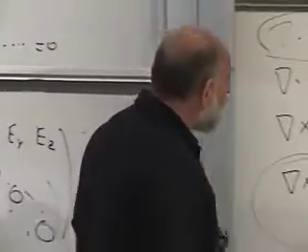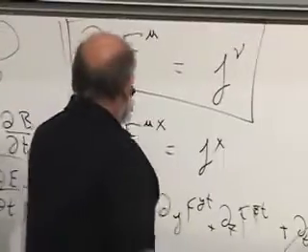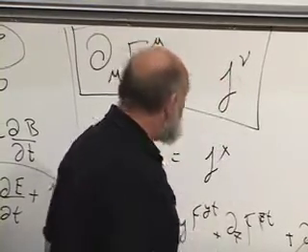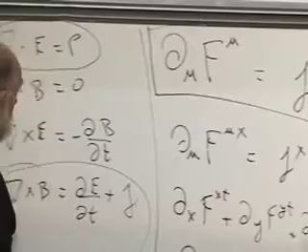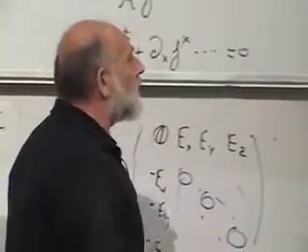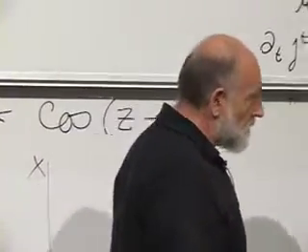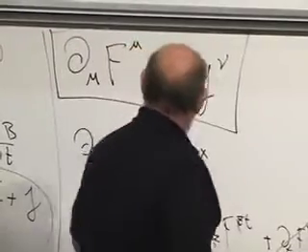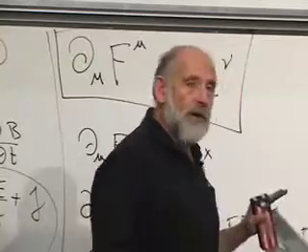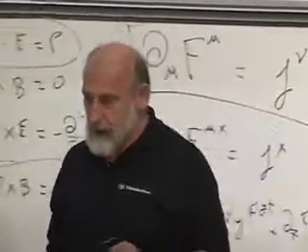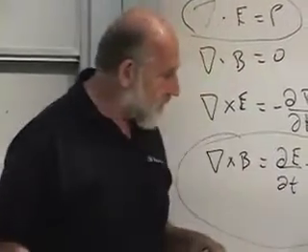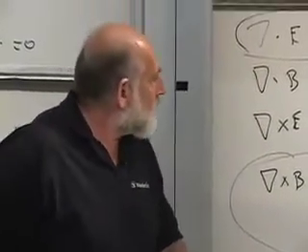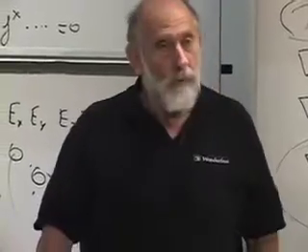On the other hand, we've already seen that the way that the fields influence the charges as forces on them are also the same in all reference frames. So we see that basically all of the equations of electromagnetism can be written in a form in which we can immediately check that they're tensor equations and therefore the same in every reference frame. That was the real goal of this, to show that the laws of electromagnetism are the same in every reference frame, number one.